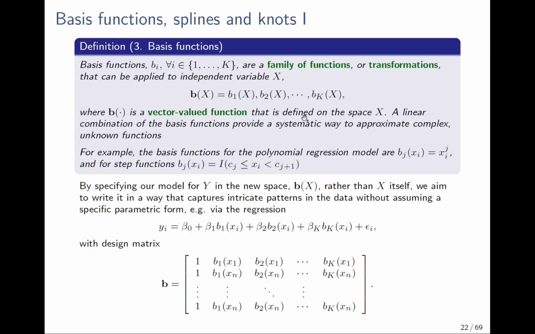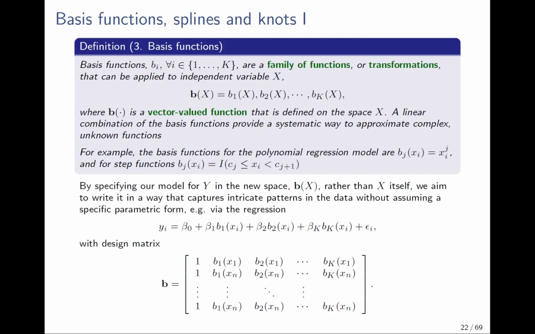That vector valued function is defined on the space of x. And the point we're going to use in semi-parametric regression is that a linear combination of basis functions can provide a systematic way to approximate other complex unknown functions. So we're going to use the basis functions, or a linear combination of them, as an approximation to the unknown function that we want to estimate.